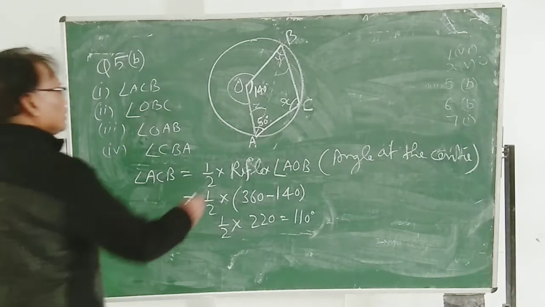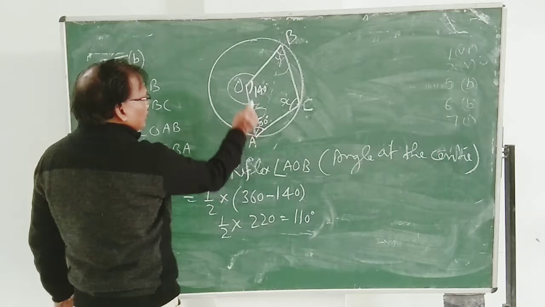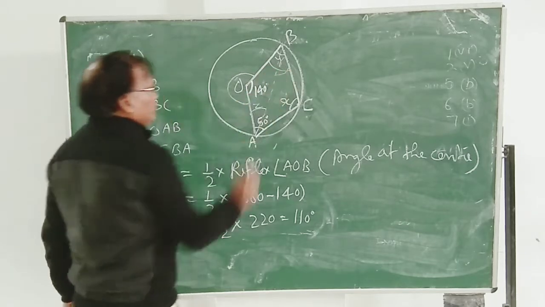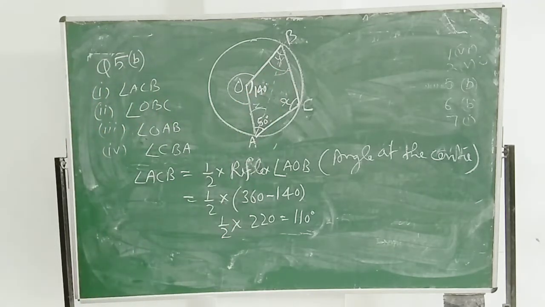अब OBC, if you know x, 50, 140, तो can you find the y, by using the quadrilateral?